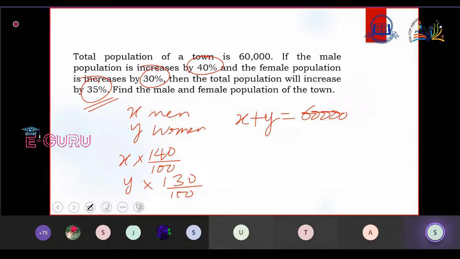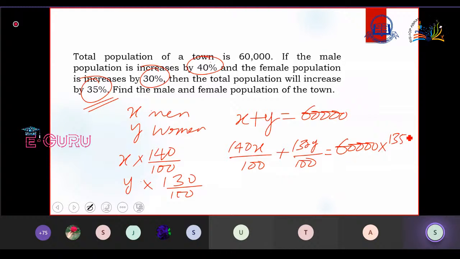And the overall population increased by 35%. So this will be something like 140x by 100 plus 130y by 100 equals the overall population increased by 35%, which means 60,000 into 135 by 100, right?